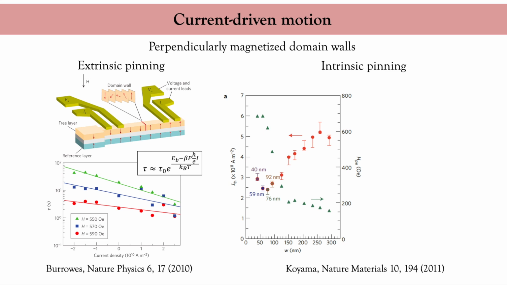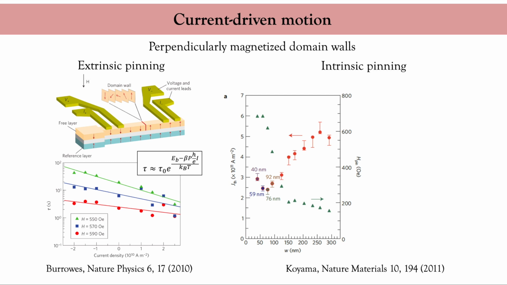They took a magnetic wire made of nickel-cobalt multilayers and studied the current threshold as a function of the width of the wire. As we know from Lecture 5, the perpendicular domain wall configuration switches from block wall to Néel wall when increasing the wire width.